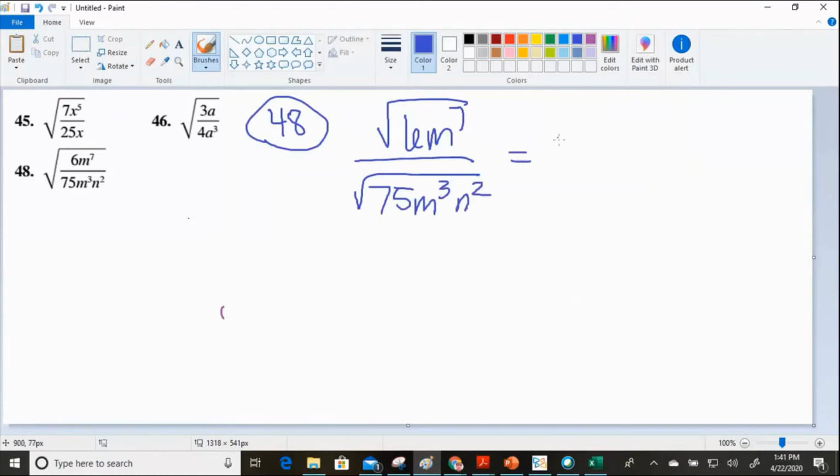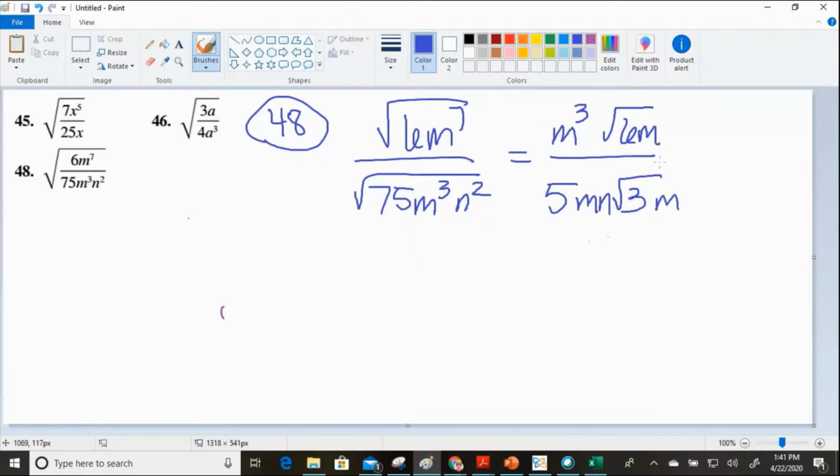So I'm going to have m cubed. That came from my m6. 75 turns into 5 radical 3. That turns into an m squared, so that's 1 on the outside, and my n squared pulls out to 1 on the outside.